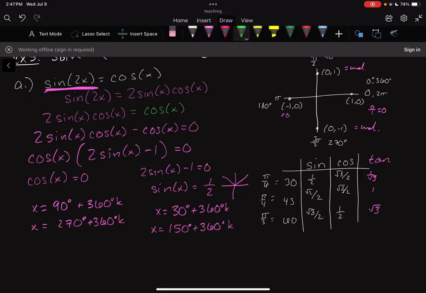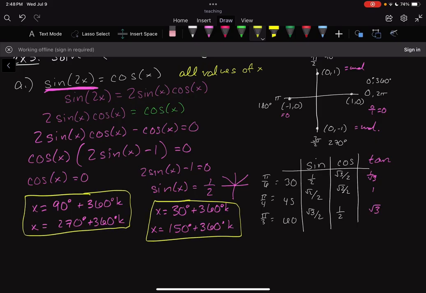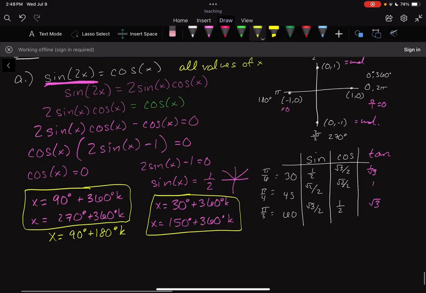And so let's say for this one, I said all values of x. Then I would just box in all of this stuff. This one on the side here can actually be condensed a little bit. It can be written as 90 plus 180k. If you add 180 to 90, you'll get 270.